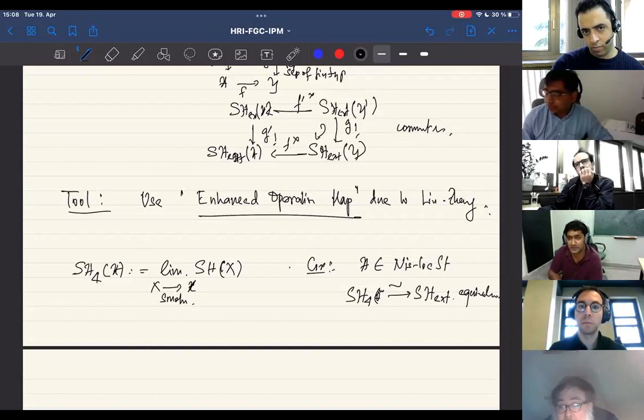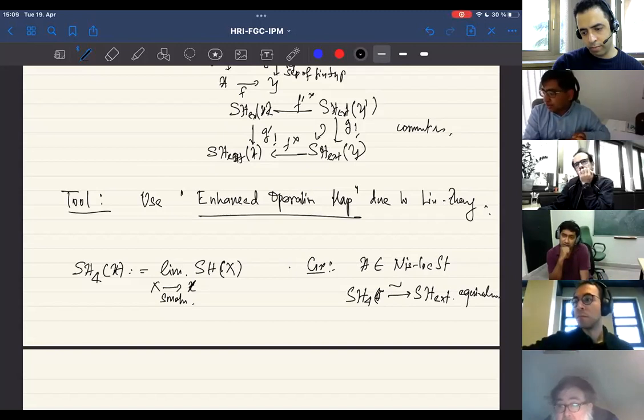Yeah, well, of course, as I said, this enhanced operation map I'm also using from what Liu and Zhang are doing. But of course this can be used in the language of V-stacks. For example, in the context of motivic homotopy theory, Ayoub has been working on rigid analytic motives, on rigid spaces.